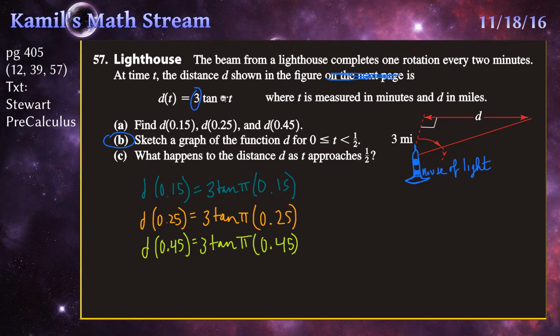Really, what we're looking for is what this does, because that changes the period of the graph. We find the period by doing the period of the parent graph over k. In our case, it's pi over pi, and the period is 1. What does that mean? Let's find out.